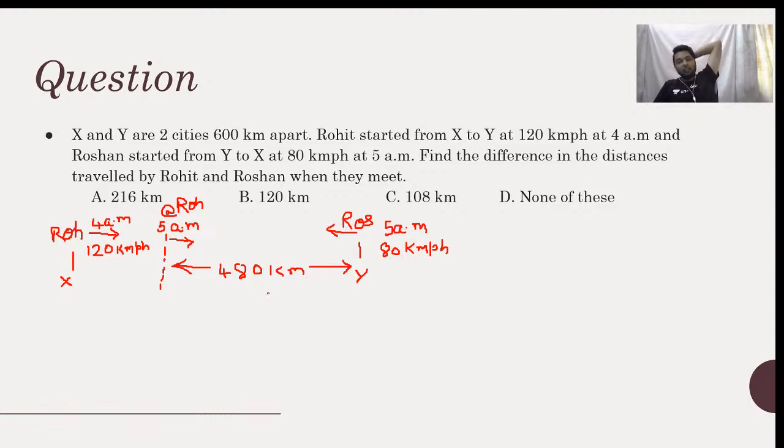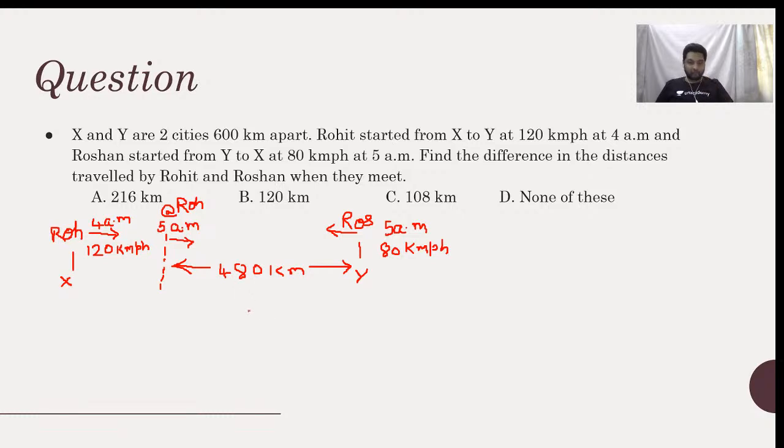For 80, it will be 80 by 200, that is 4 by 5 hours, which is 0.8 hours.